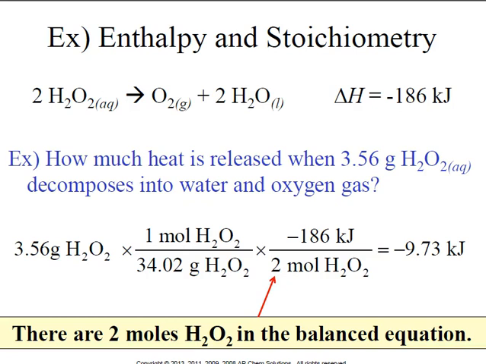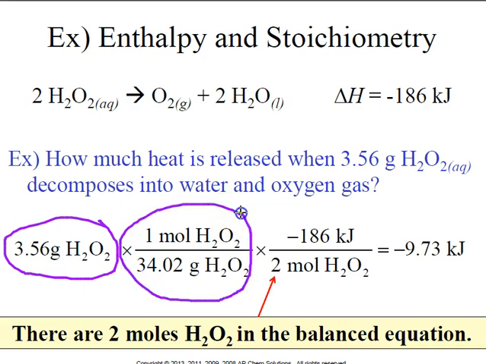In this problem, the question is how much heat is released when 3.56 grams of hydrogen peroxide decompose. So we start out with the 3.56 grams. Now, as always, whenever we're working problems, if we have grams, we likely change them into moles. So that's what we did in this first step. And once we have moles, we can use our delta H value, kilojoules per mole.